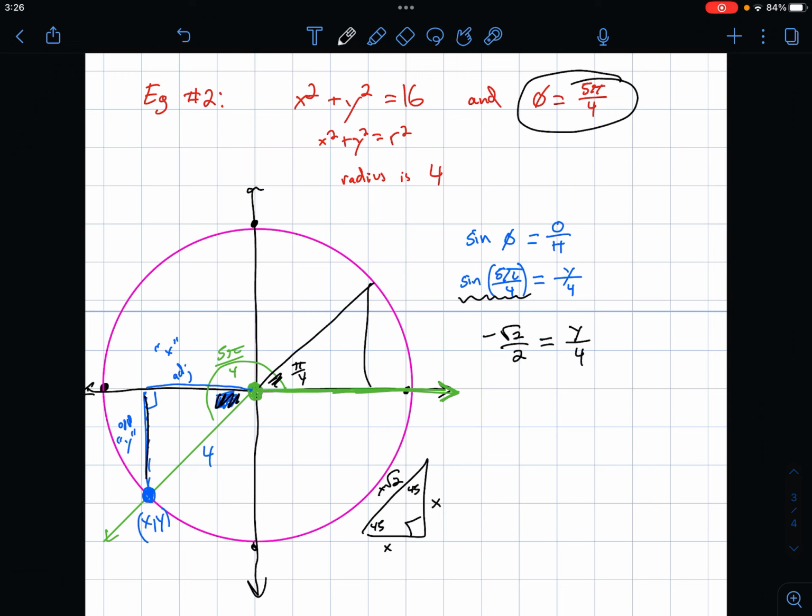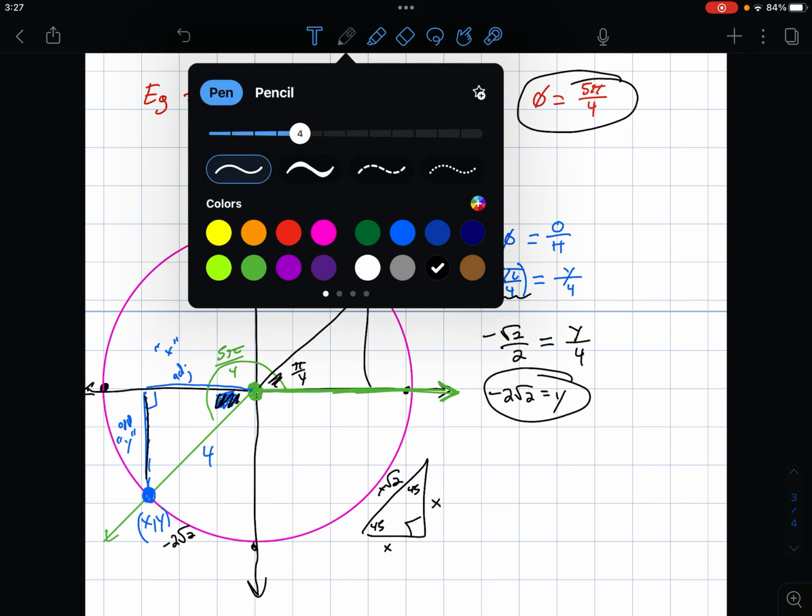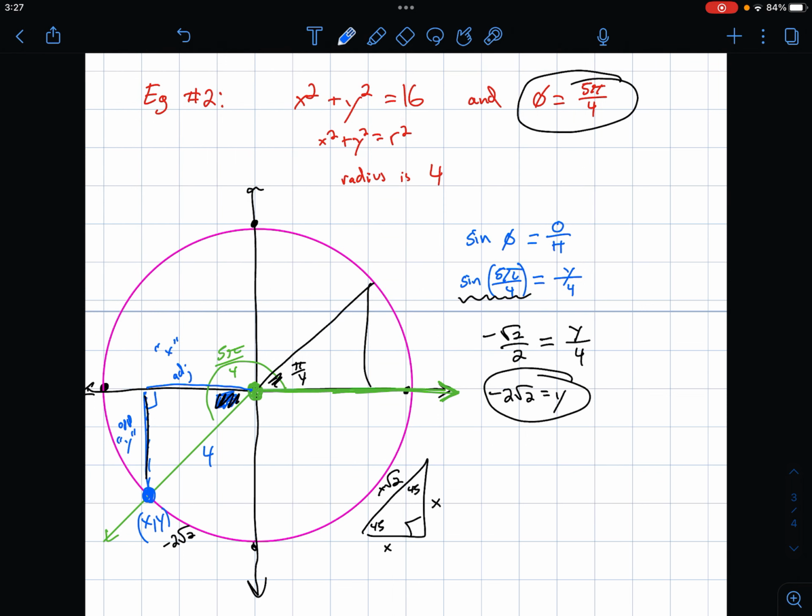So we get the sine ratio equals y over 4. Doing a little simplification, we get negative 2 root 2 is equal to y. Okay, so that's going to be our y-coordinate, negative 2 root 2. And an interesting thing about the 45, 45, 90 triangle is that the opposite and the adjacent are both x.